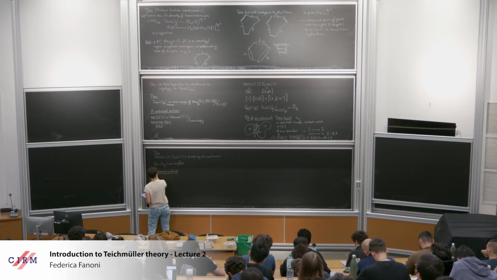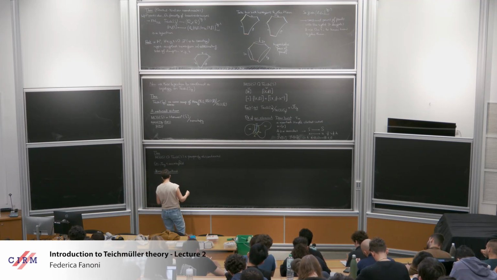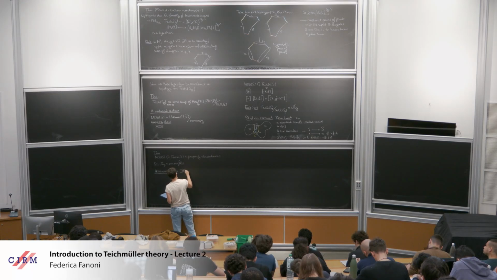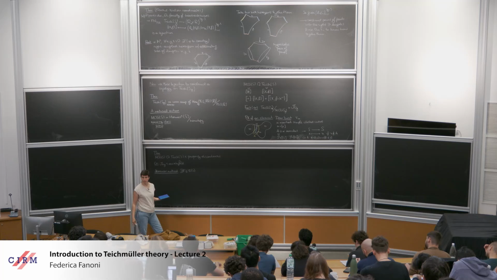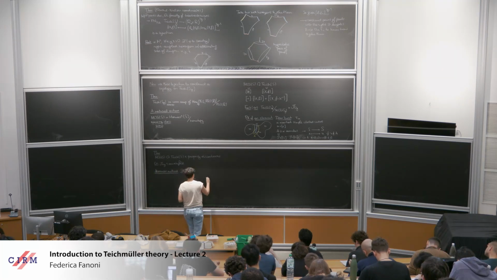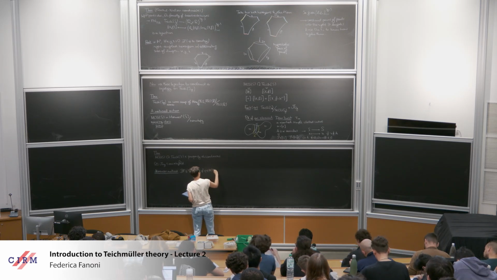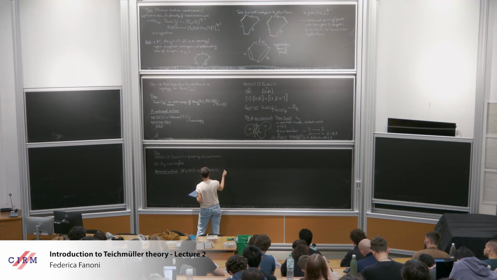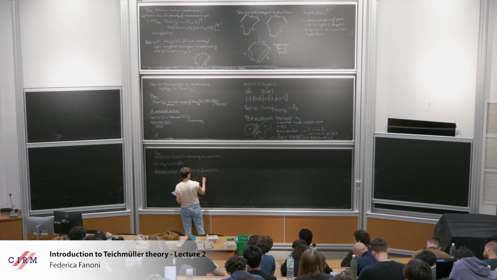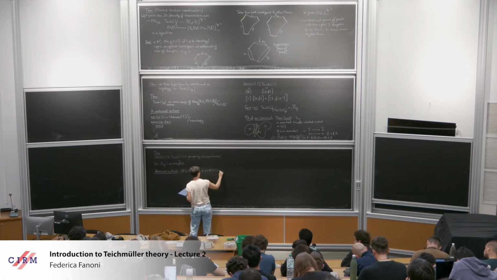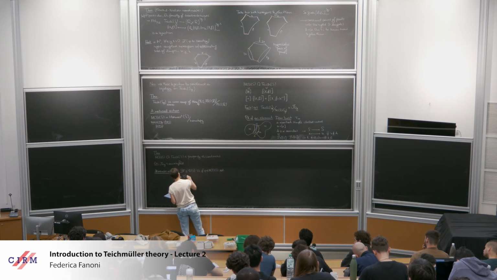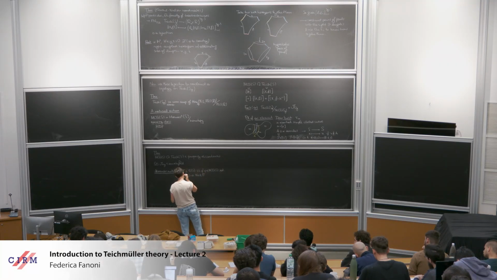Something that I guess is quite believable, if you think about it for a second, which is that there exists a finite set of homotopy classes of simple closed curves, such that if I have a mapping class and I know that it fixes all of these curves, then this map is actually the identity.